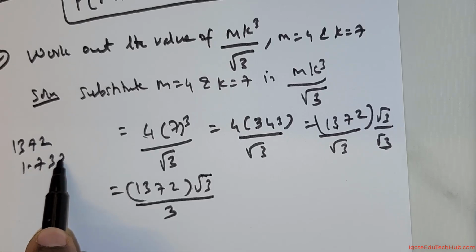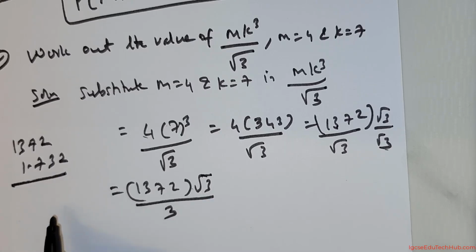So 1.732 is the value for root 3. I'm just taking this value.